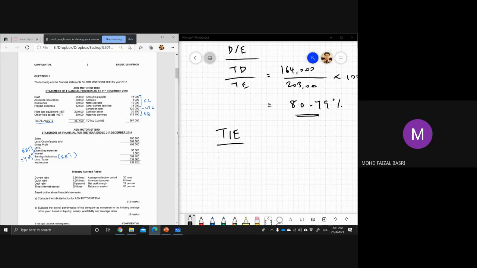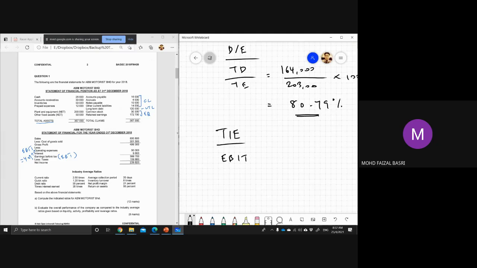But this is based on this question. Normally, earnings before interest and taxes will be in the income statement. Just for this question, they hide it so that you need to find it yourself. So for times interest earned, the formula is earnings before interest and taxes divided by the interest.